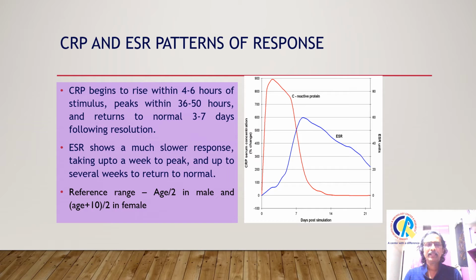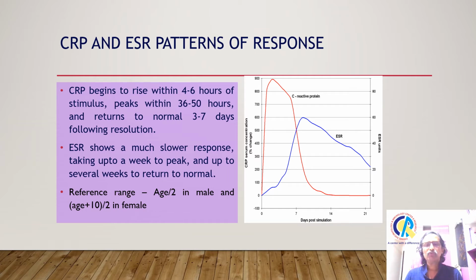Even the temporal profile of ESR and CRP varies. CRP is increased almost 3 to 4 times, or sometimes even 100 times, depending on the stimulus which incites the inflammation.